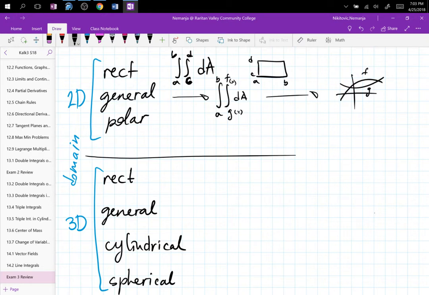Polar clearly has its own alpha to beta angles, right? And then what's on the inner? Radius 1 to radius 2. We might have something, we might not have something, but the string is r dr d theta.